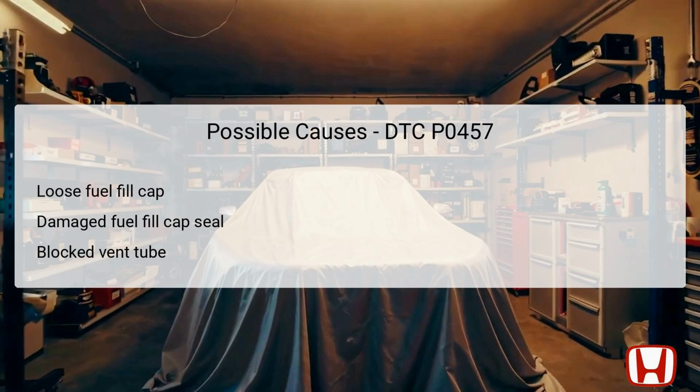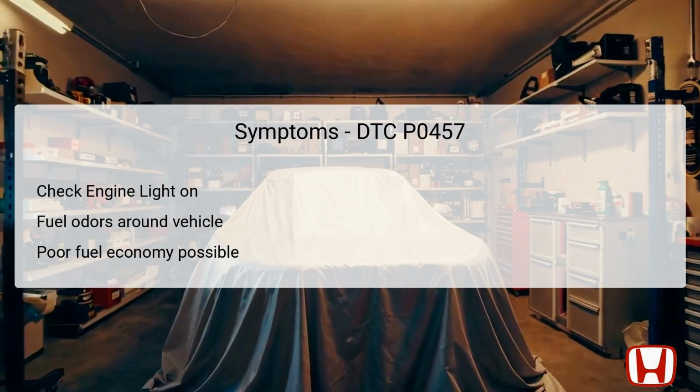Symptoms associated with the P0457 code generally include the illumination of the check engine light, CEL, on the dashboard. This light serves as an alert for drivers, indicating that something is amiss with the emissions control system. Additionally, drivers may notice fuel odors surrounding the vehicle, particularly at the fuel filler area if the cap is loose or damaged.